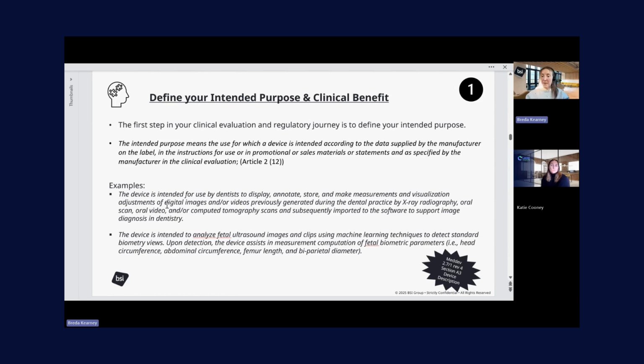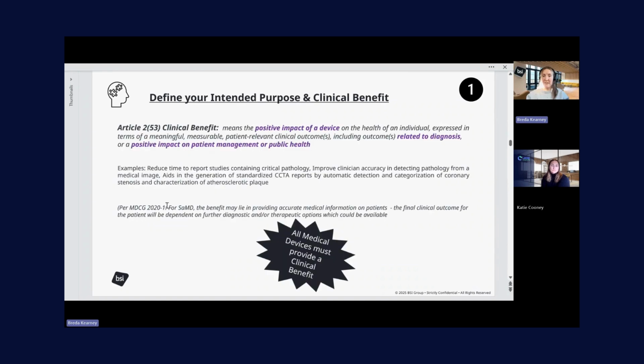For anyone who's heard of the MedDev 2.7/1 Rev 4, if you have a look at section A3, there's a lot more examples of different types of intended purposes as well, so it's worth having a look at that section. So once we're clear on our intended purpose, we then need to determine what is the clinical benefit of our device.